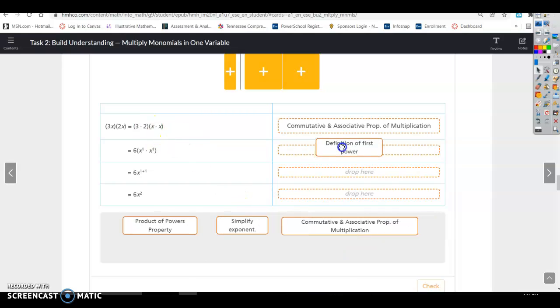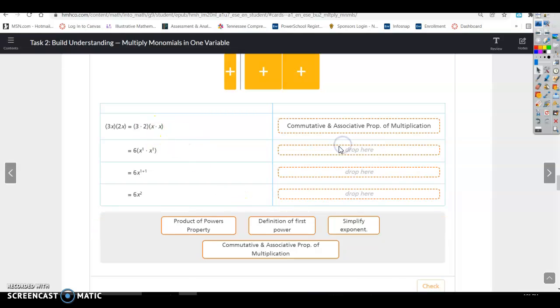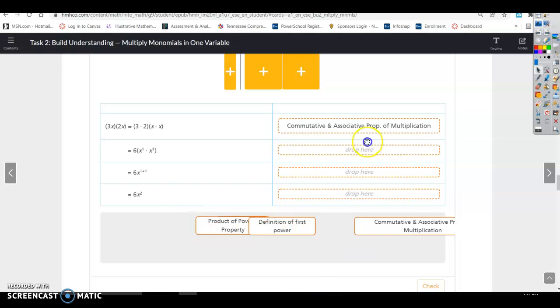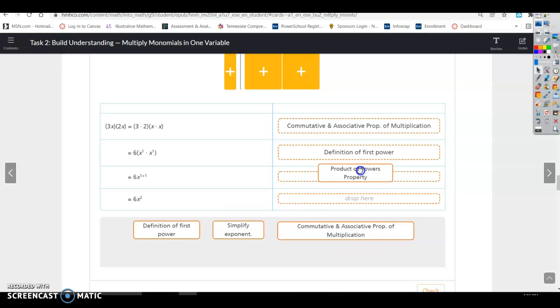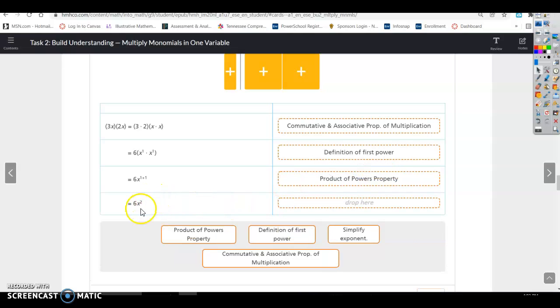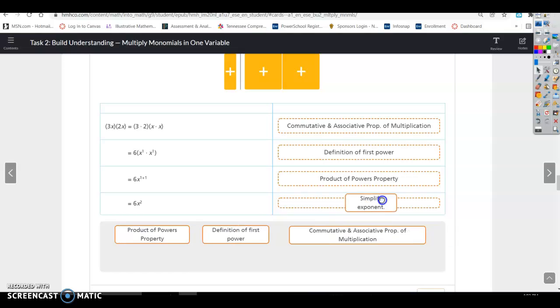So if you have an x, you can rewrite that as x to the first power, okay? And then here, same base, you add exponents. That would be the product of powers. And then this would just be the simplified exponent.